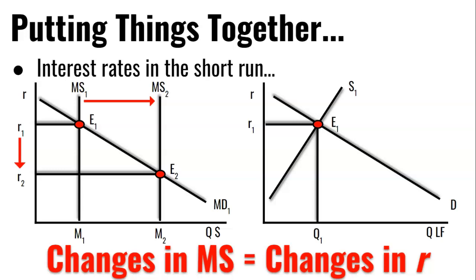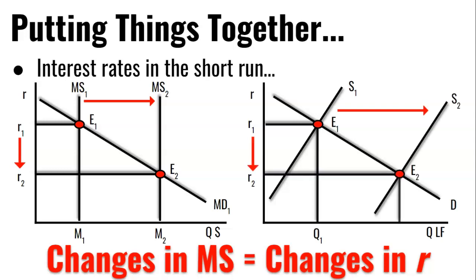Because there's more money in the money supply, there is more money in banks, which means there's more money available to loan out to people, businesses, government, what have you. So the supply in the loanable funds market, the supply of money available to be lent, is also increasing. And so we will see a drop in the interest rate in the loanable funds market as well.